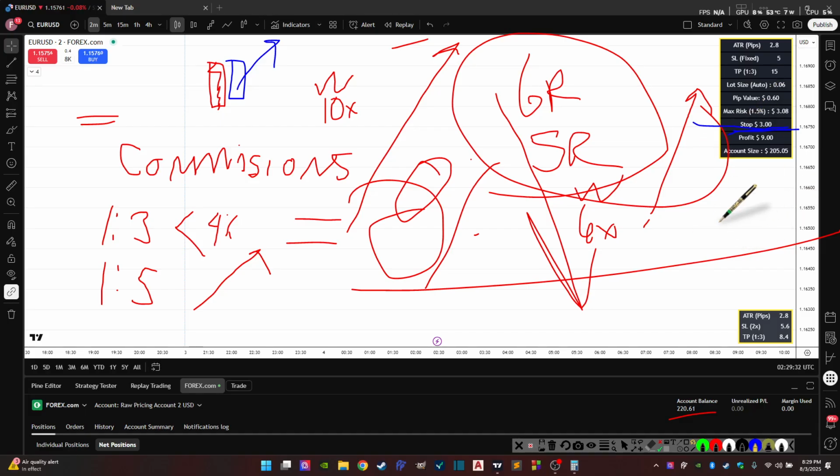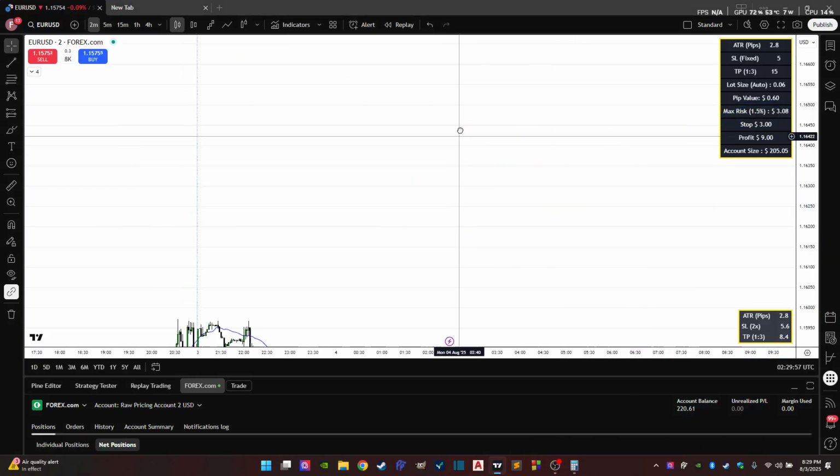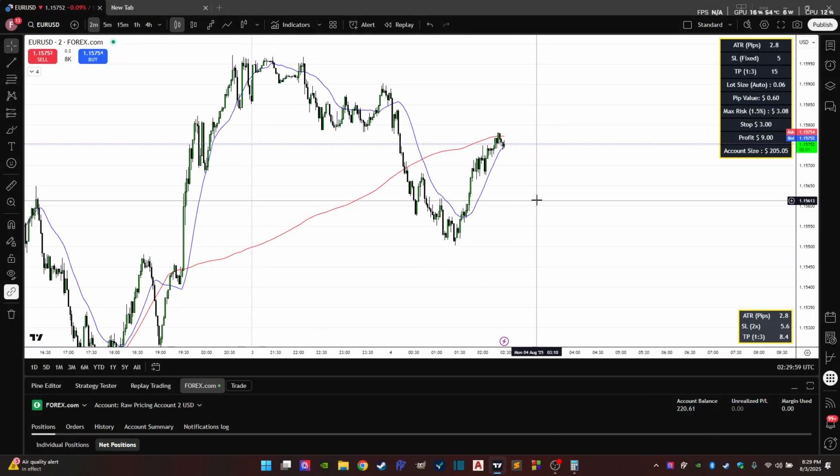So all in all, even including commissions, we've lost $12, but we can hit a trade very easily for 16, 20, 30, and just the other day, I hit one for $42. Losing $3 to make 42, who's complaining? So that's the very simple strategy that I'm running.